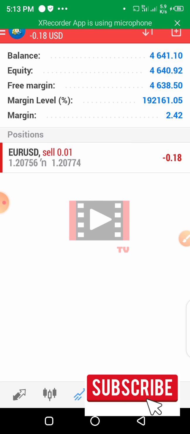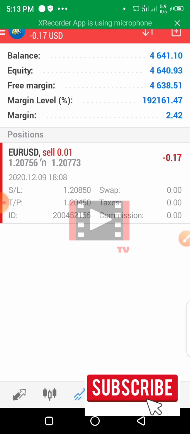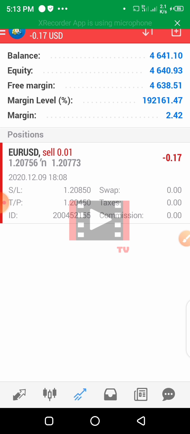Then you can leave your trade and go and do any other thing. Since you've set the stop loss, you cannot lose more than 10 pips, and we are using a lot size of 0.01. You can see Euro USD sell 0.01, that's a micro lot.